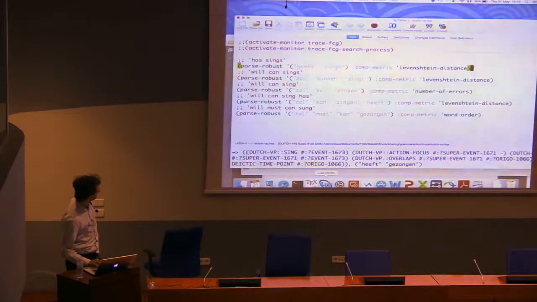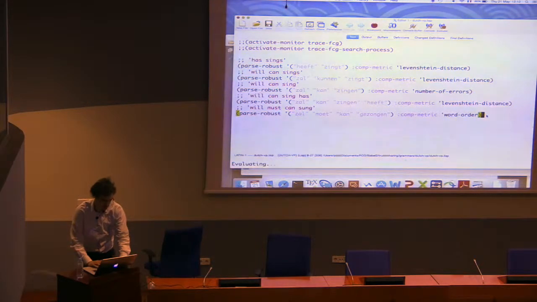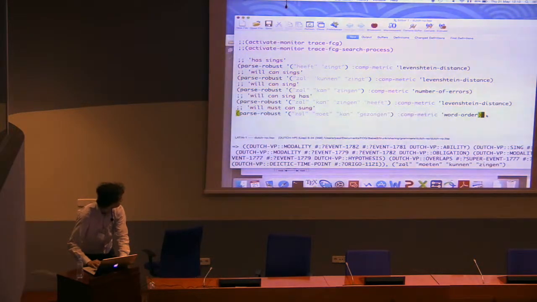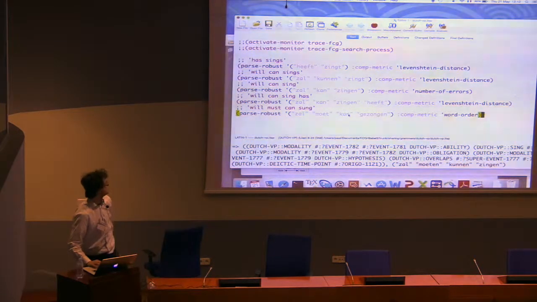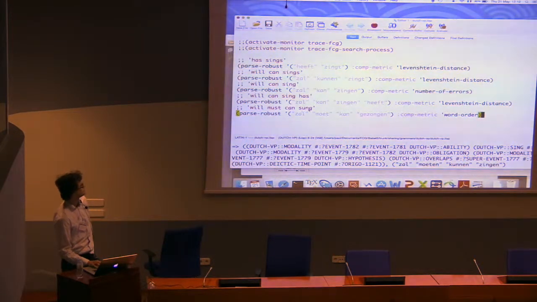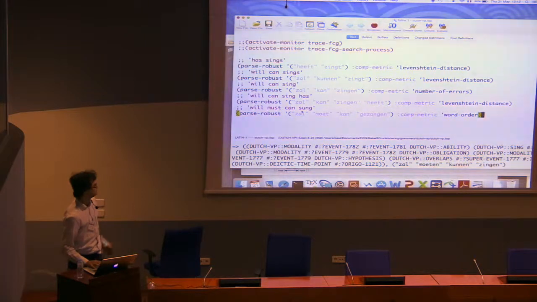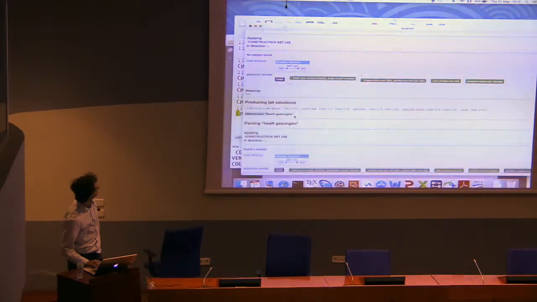This works, of course, also for more complex verb phrases, like zal, moet, kan gezongen, will, must, can, sung. I mean, only the zal is correct here. All the rest is morphologically completely false, just to show that it works.